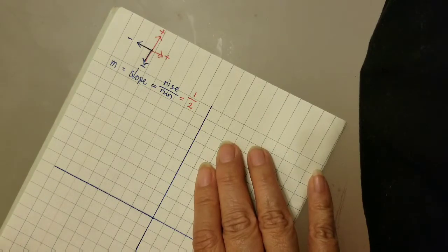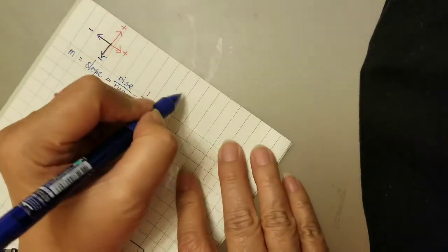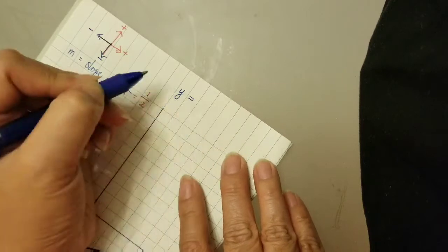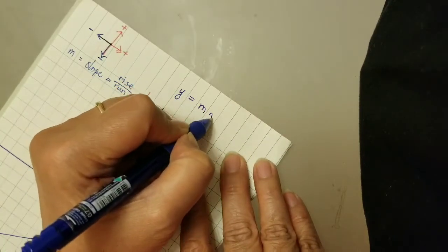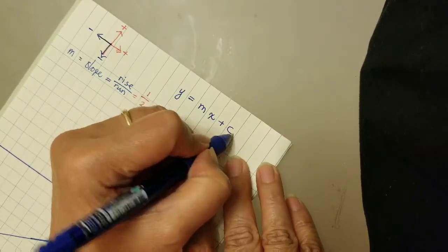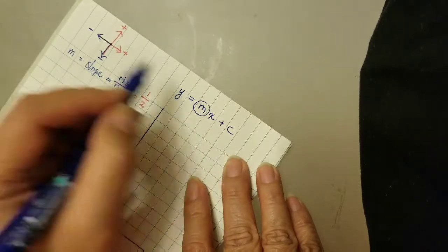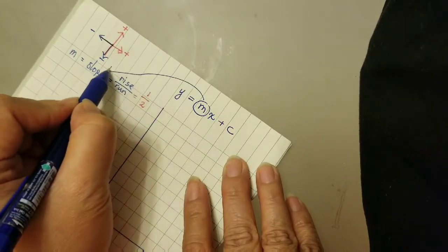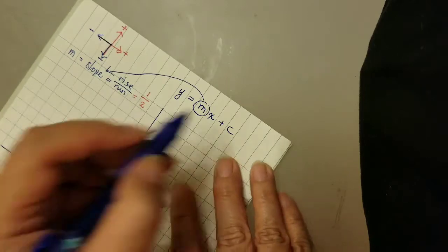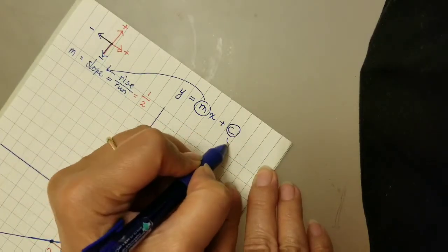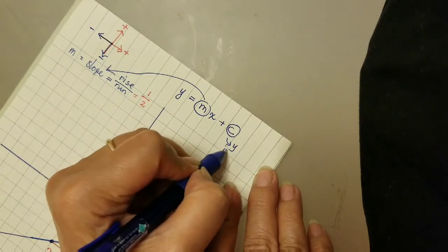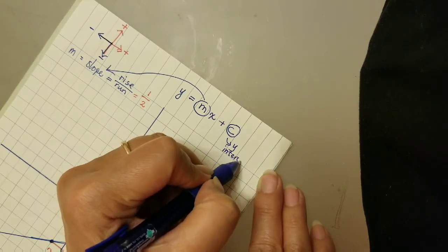Now, how do we make this into our formula? Remember, the formula for a linear equation is y equals mx plus c, where m is the slope and c would be the y-intercept.